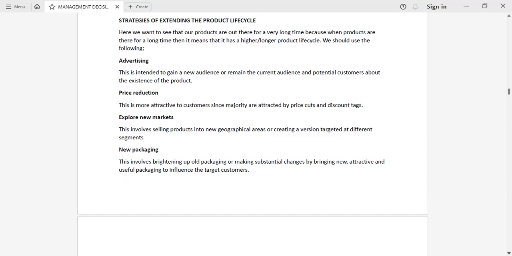More customers are going to come in to buy those products because there has been a price reduction. That's why with a discount, the more you buy, the more you enjoy from the discount. So if you reduce the price of the product, maybe by giving bonuses or discounts to customers, then you can attract more customers.